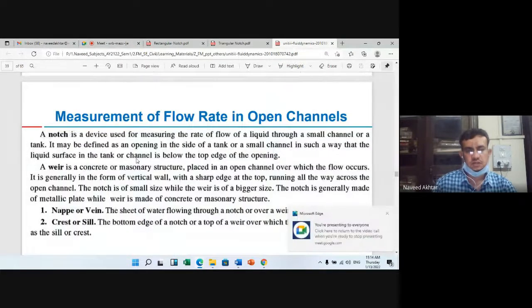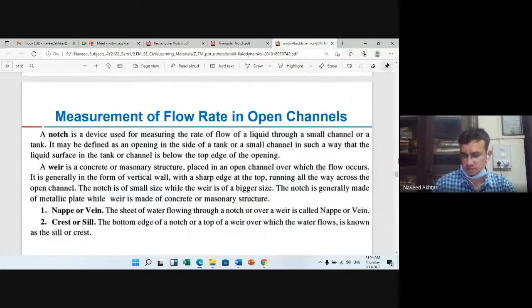Okay. So today we'll start our practical number 8, as per the sequence in your syllabus, that is calibration of rectangular and triangular notches.